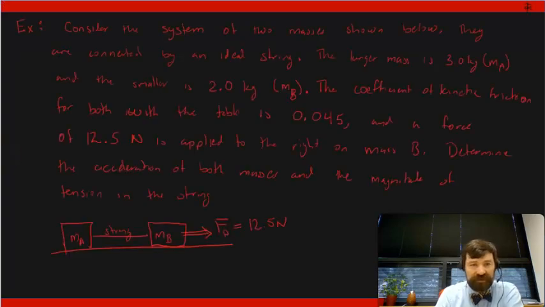So the basic process for solving this, there's kind of two ways you can go about it, and they both amount to the same thing. You should be drawing a free body diagram for each of the two masses. So let's say that this one is mass A, and in the picture you can see that mass A is sitting on the table. It has some coefficient of kinetic friction.